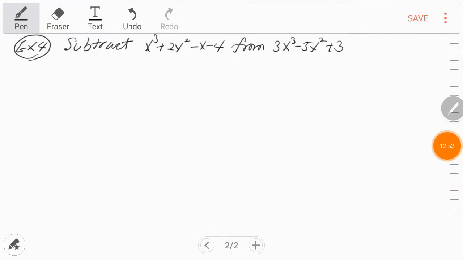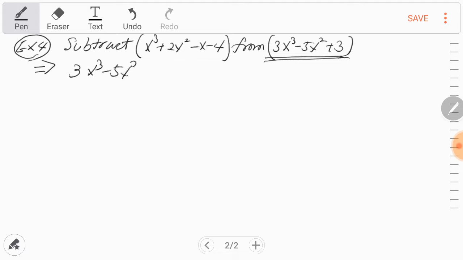Okay, in this exercise example, we will subtract a polynomial from another polynomial. So let's write the expression correctly. Then when we subtract this polynomial from this, always write the expression in the second part first. So 3x cubed minus 5x squared plus 3.